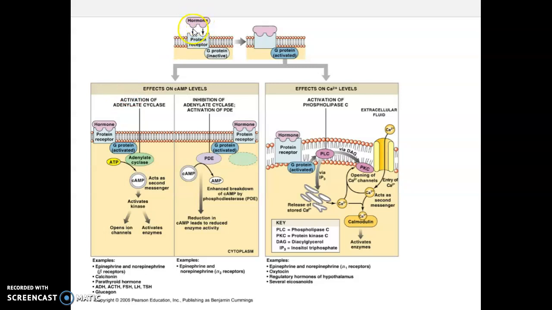In this case, the hormone does not go into the cell, but attaches to the receptor, which is fixed into the membrane. But when the hormone activates the receptor, there are several activities that can go forth inside of the cell, even though the hormone itself doesn't go in the cell.